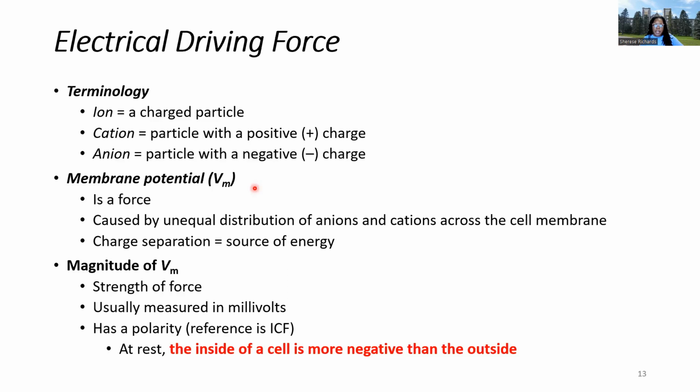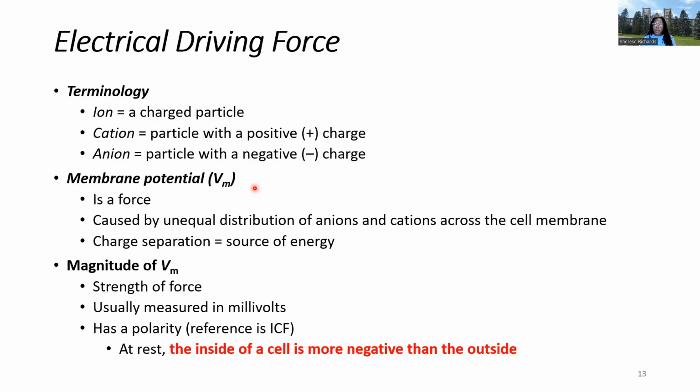So because of that separation, that unequal distribution of the charged particles, we now have a force that wants to move those particles, again, in an attempt to equalize their distribution across the membrane. So the charge separation is a source of energy. It's another force that wants to move these particles to help equally distribute these charged particles.